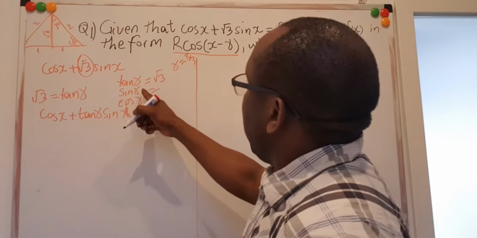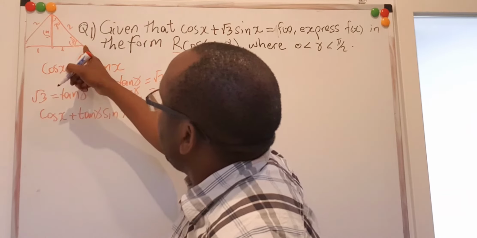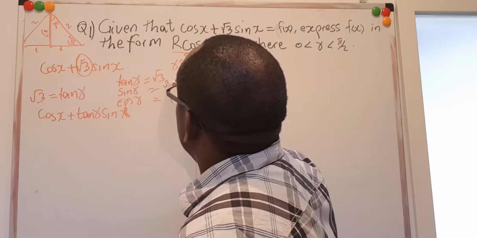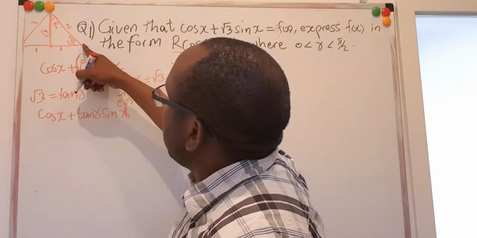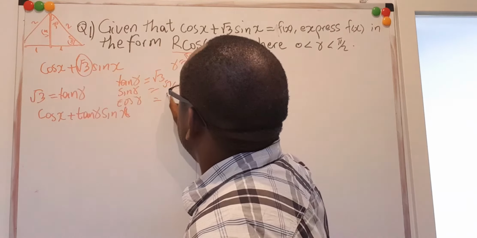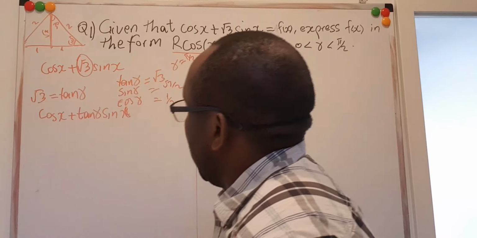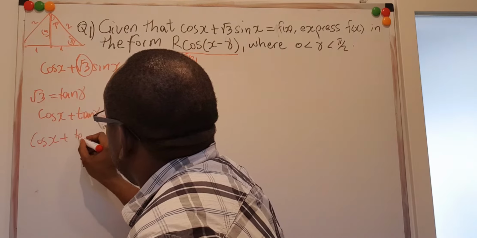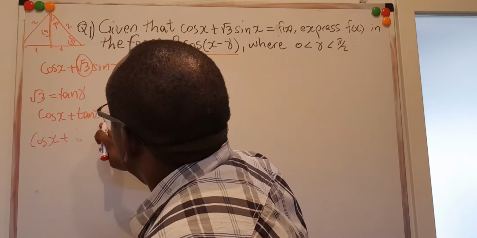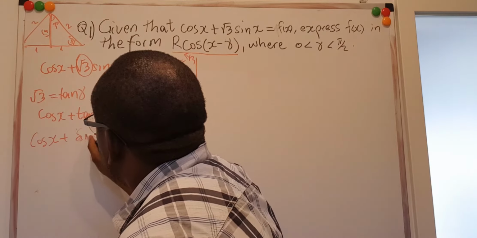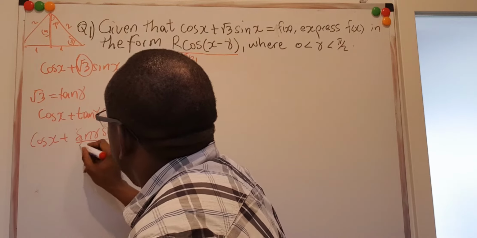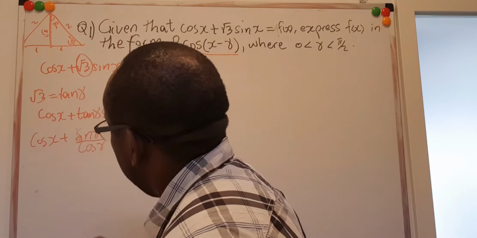The sine of pi on 3 is opposite over hypotenuse, so that's root 3 on 2. The cosine is adjacent over hypotenuse, so this is 1 on 2. So I can write my expression as cos x plus, changing the tangent into sine and cosine, sine gamma sine x divided by cos gamma.